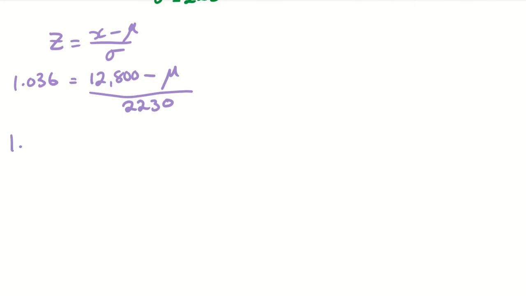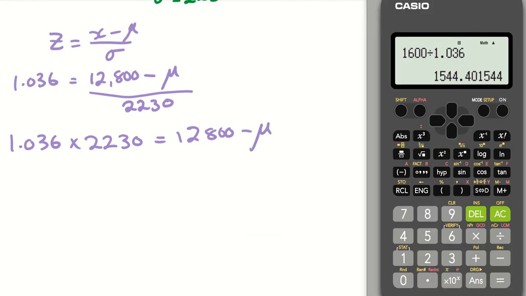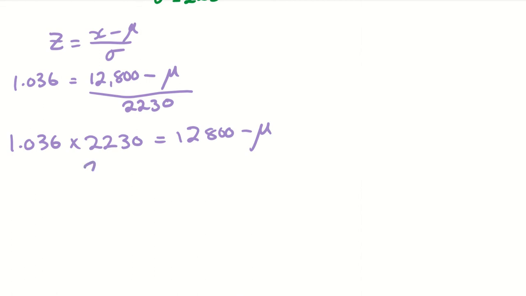I'm going to do 1.036 multiplied by 2,230, and that equals 12,800 minus the mean. Simplifying this, 1.036 times 2,230 is 2,310.28.